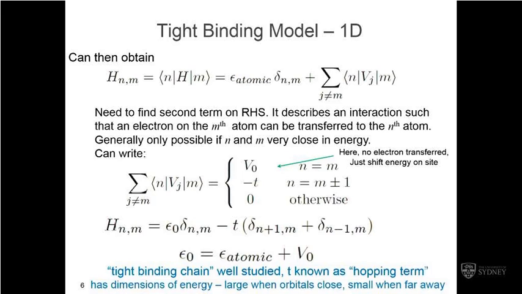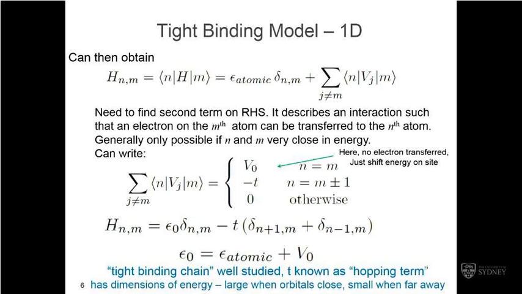If you consider one atom here, we're only going to consider the nearest neighbor atoms. It's a bit of a drastic approximation, but this is what we are doing here because we're assuming tight binding, and it doesn't really extend too far out to interact with the other atoms. So that's what we're doing here.